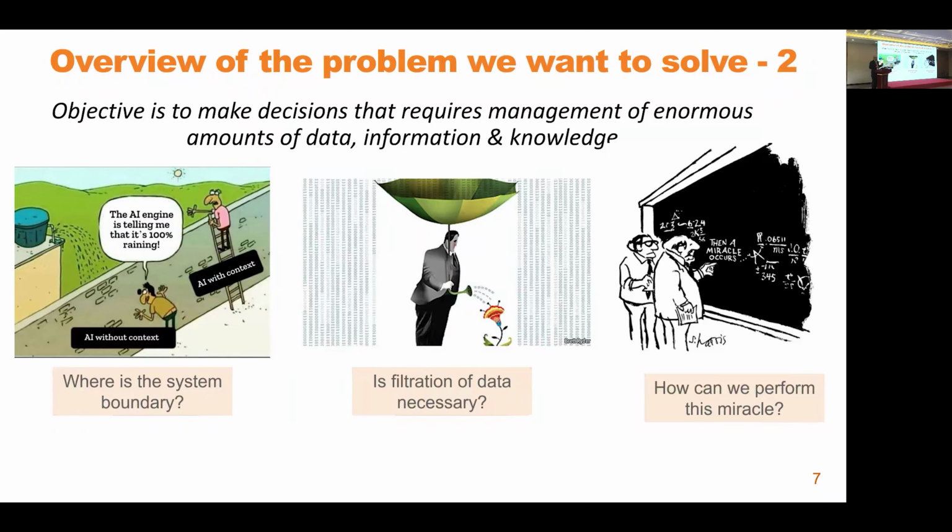We do these miracles every day. So the question here is, are we able, by solving the problems, to influence the decision makers? Maybe we have a problem of defining the boundary, of using the wrong data, and maybe even the wrong model.